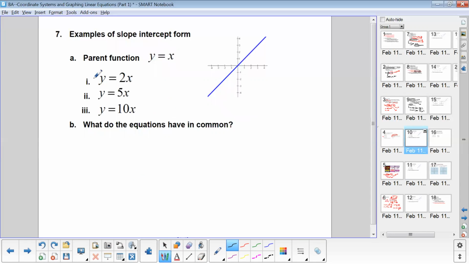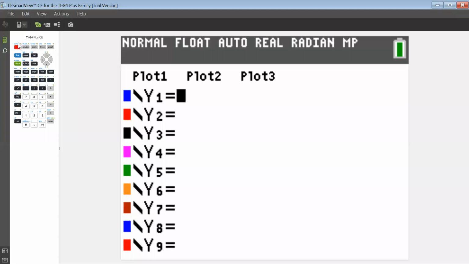Now we look at things called the parent function. As you see, I've got graphed here, this is just y equals x. And I'm just going to share my calculator screen.